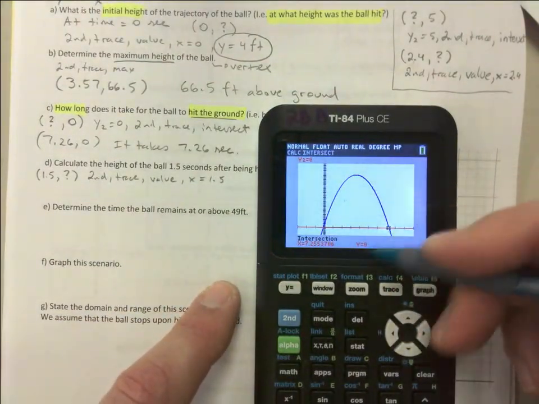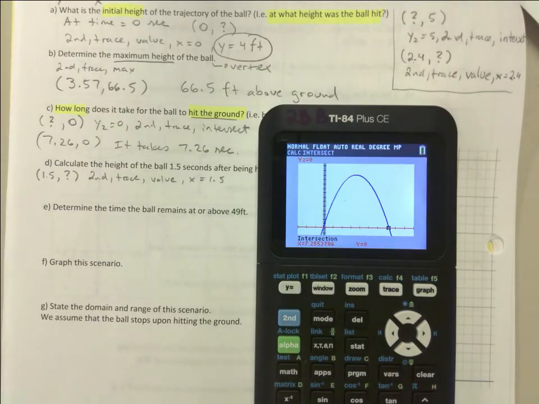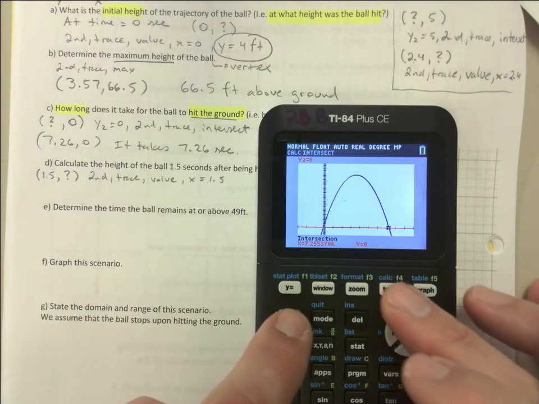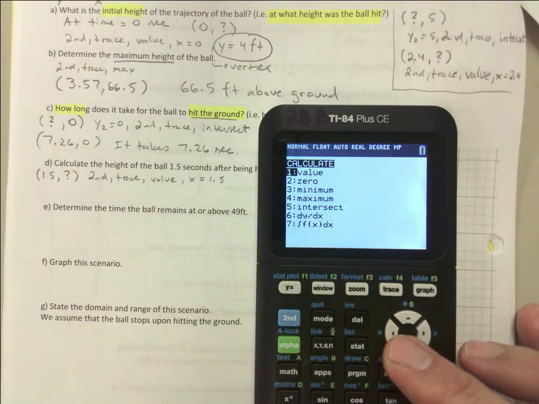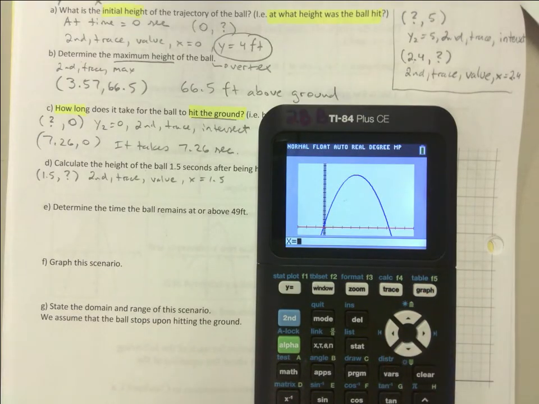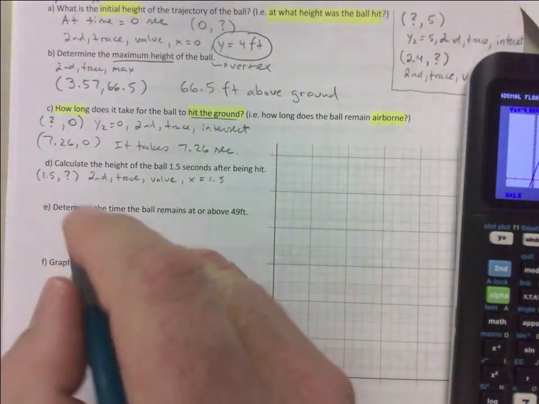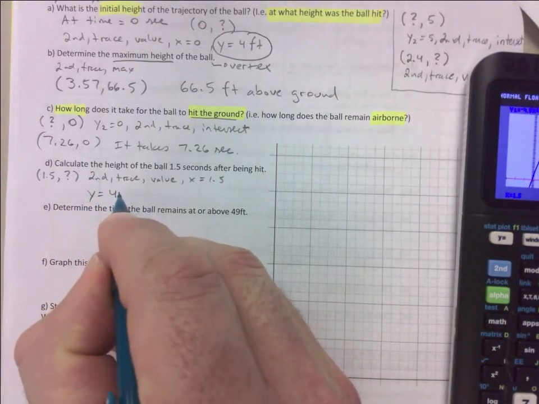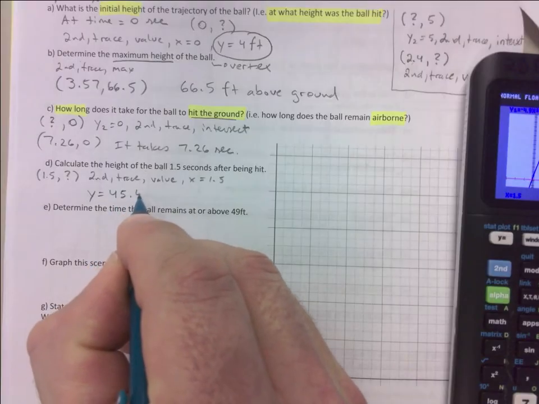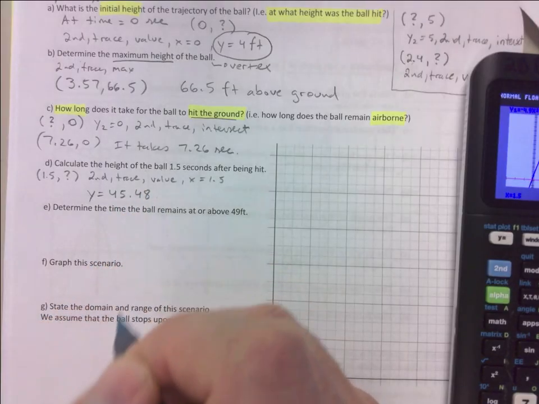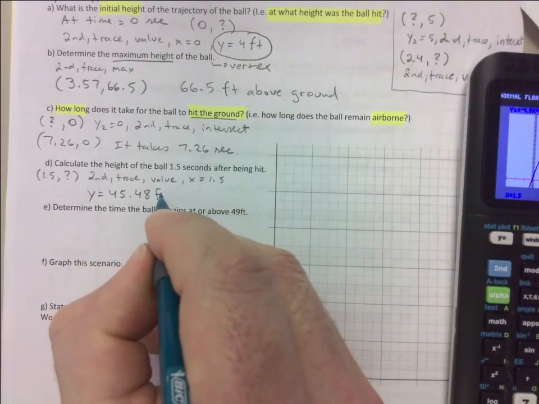This is the hardest part. So we're going to go second trace value, and now x is 1.5. That's what we're interested in. And there's my y value. It's 45.48 feet, no, feet, my bad.